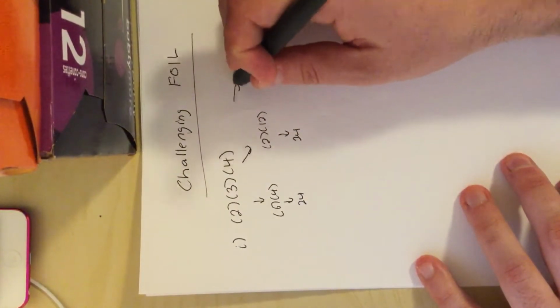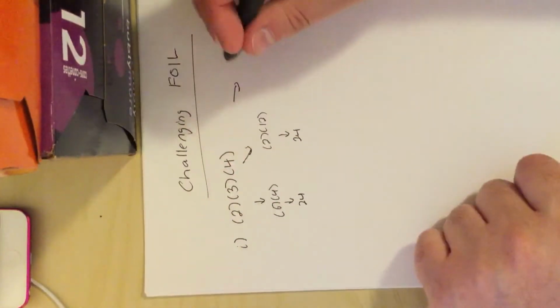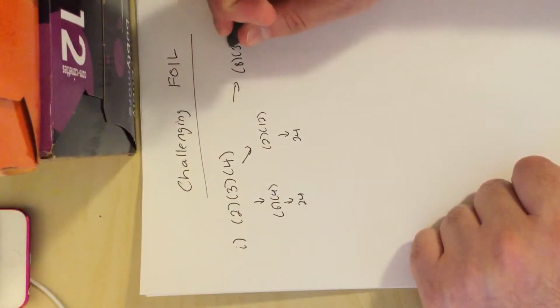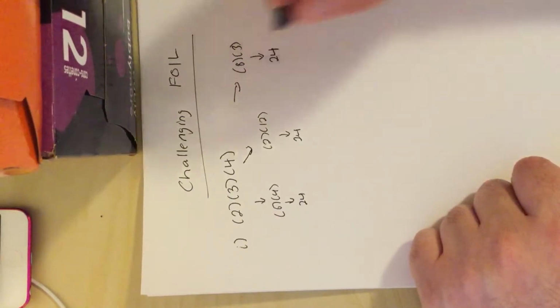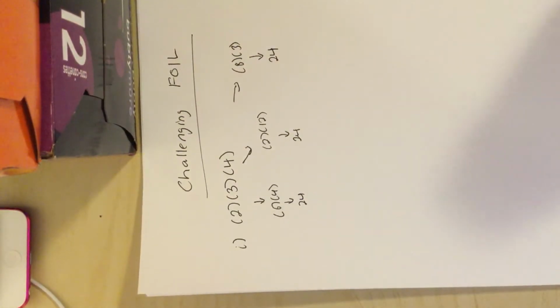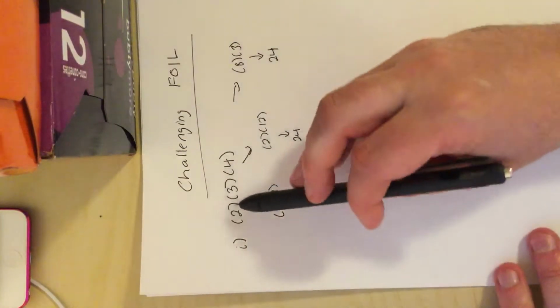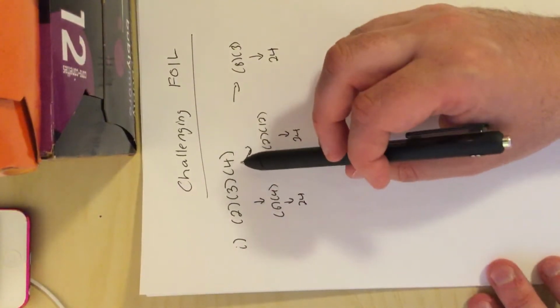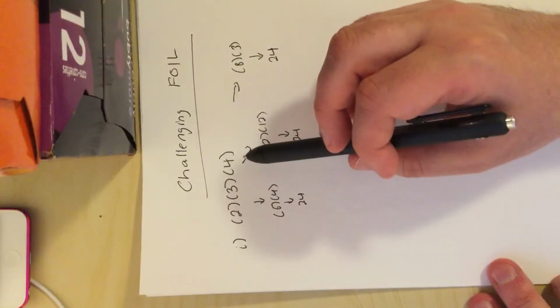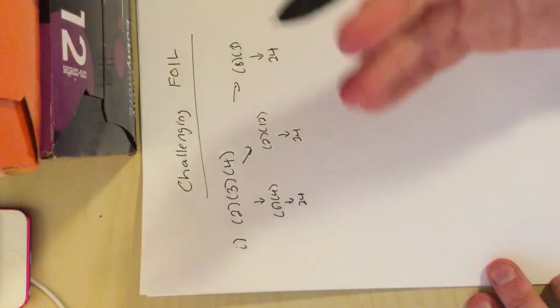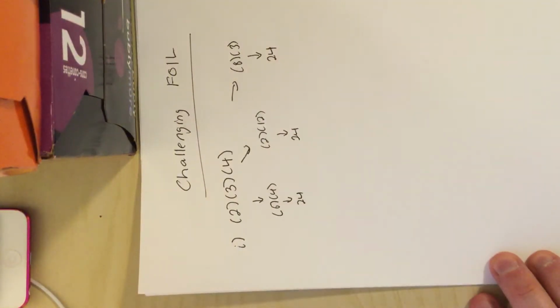Or, it's not as pretty, but you could even multiply the outside ones first, 8 times 3, which once again is 24. My point is that if you have 3 things multiplied by each other, you multiply 2 of the things first, and then you multiply that answer by the one that's left over.